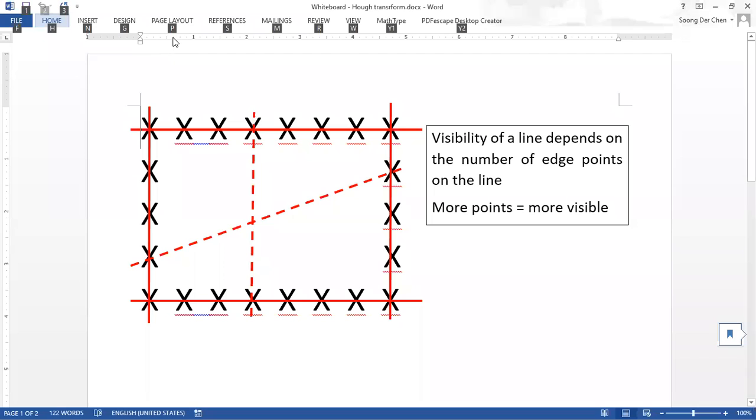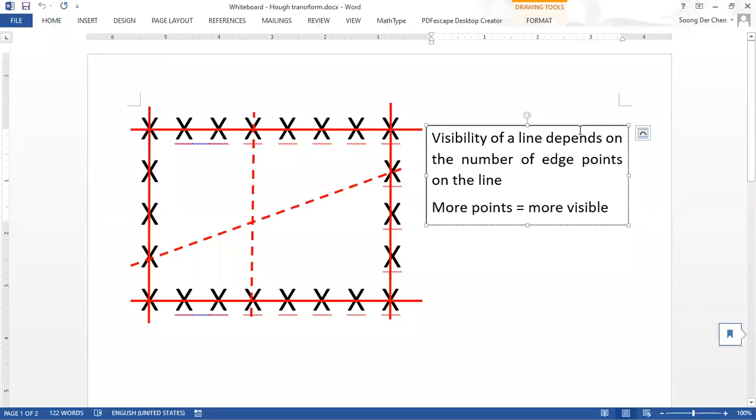Some might even see more than that, because if there are 2 points, then you can connect the 2 points with a straight line. I must emphasize that we are talking about straight lines, not any curve. So I add here a straight line. We are talking about detecting straight lines here.